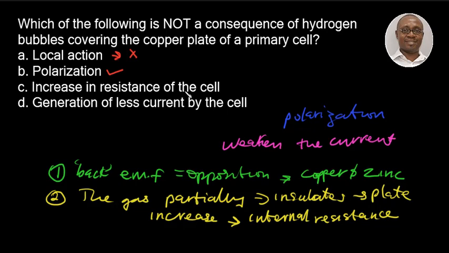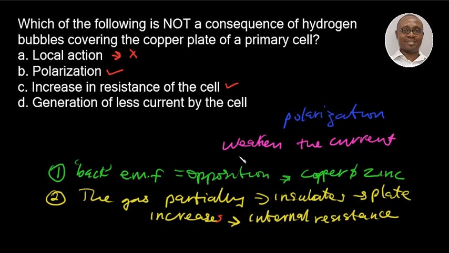All right. Option C, increase in resistance of the cell. Yes, we just mentioned that it increases the internal resistance of the cell. So this is a consequence of hydrogen bubbles covering the copper plate. Option D, generation of less current by the cell.